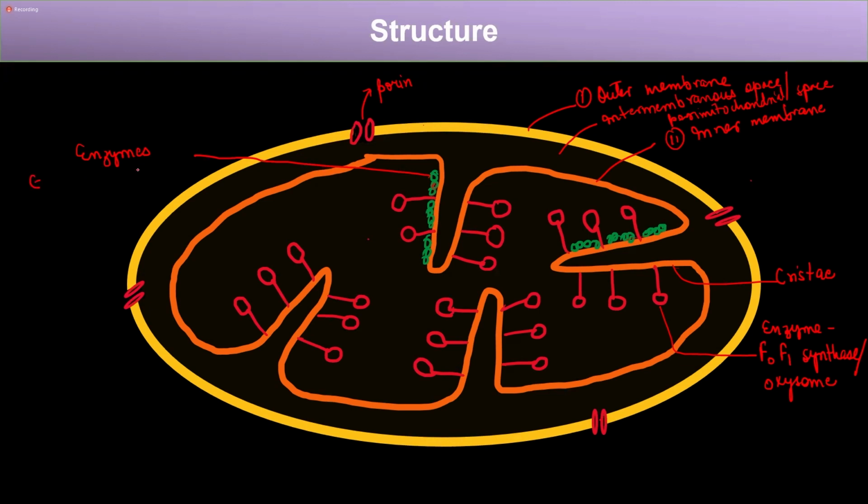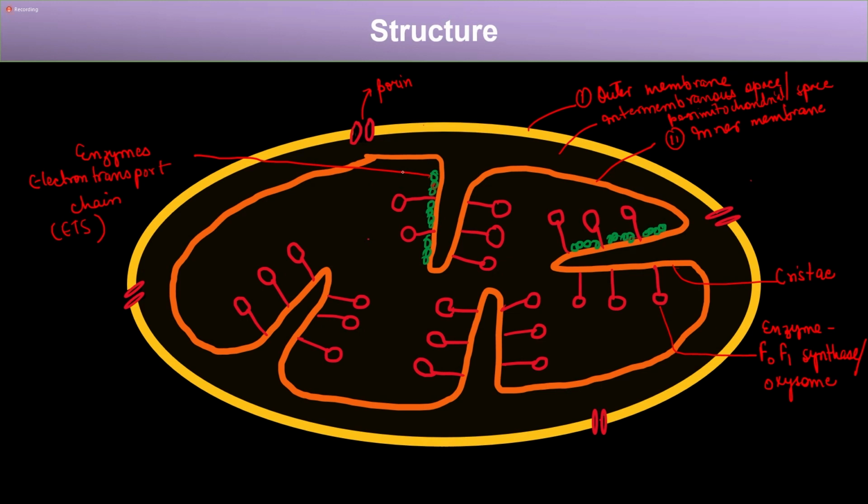Electron transport chain basically comprises a series of enzymes that are responsible for the process known as oxidative phosphorylation. For now, you just remember that these are the enzymes that comprise the electron transport chain that is responsible for oxidative phosphorylation.